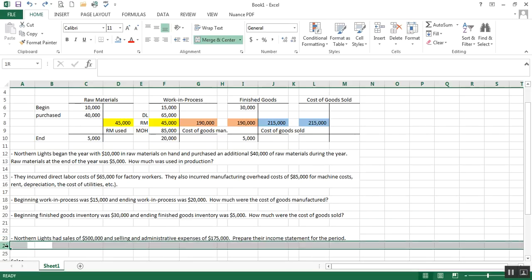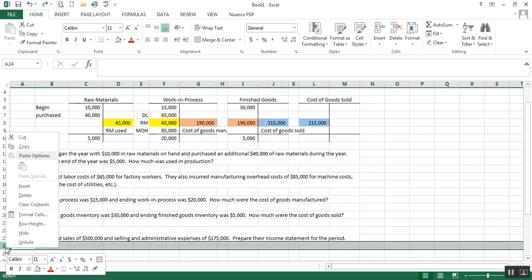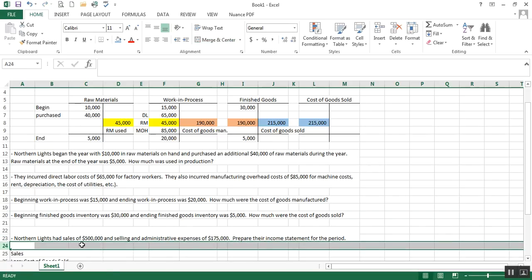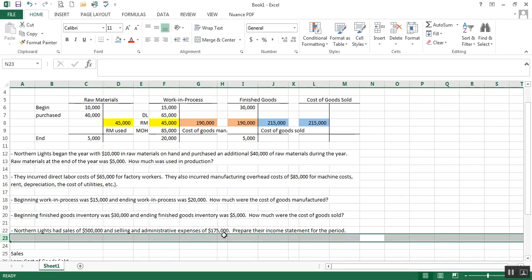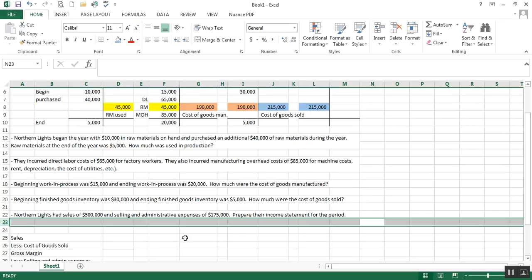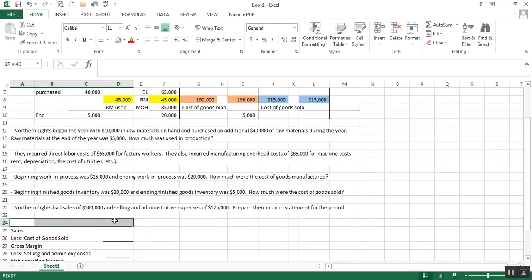Here we go. This is telling us that Northern Lights had sales of $500,000 and selling and admin expenses of $175,000. It's asking us to prepare the income statement for the period. Whenever you're doing an income statement, the first thing that you're going to add is your sales. Okay? So here they told us that our sales is $500,000.